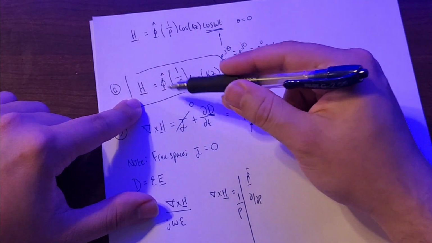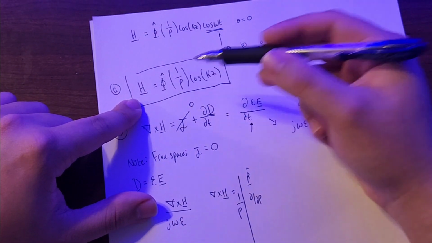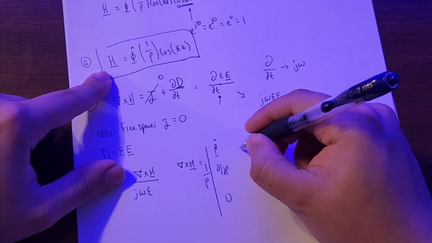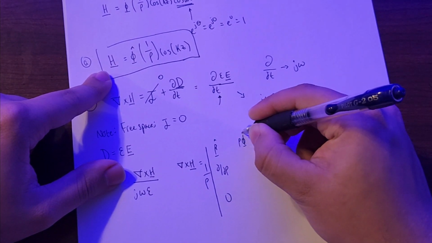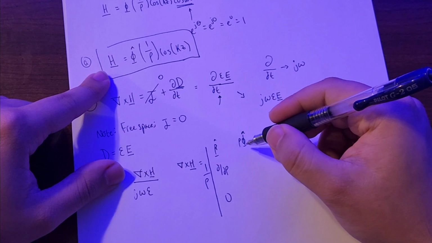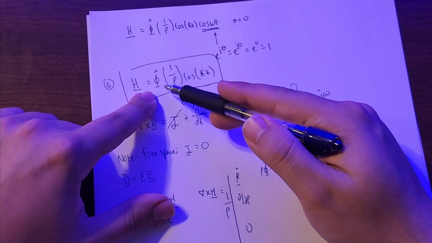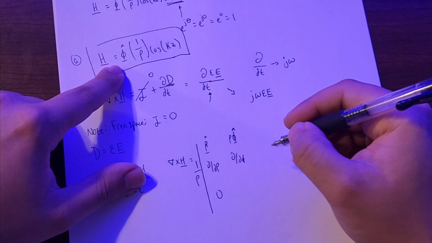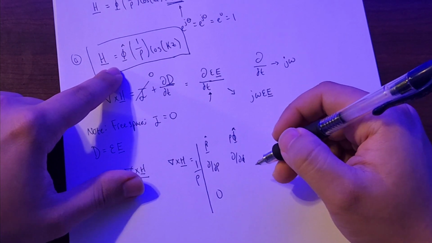Does this have any rho in here, rho hat? No, so this is going to be 0. Okay, well now we have rho phi hat. Okay, does it have a phi hat? Yes, it does. So we're going to go here. This is the partial with respect to phi.